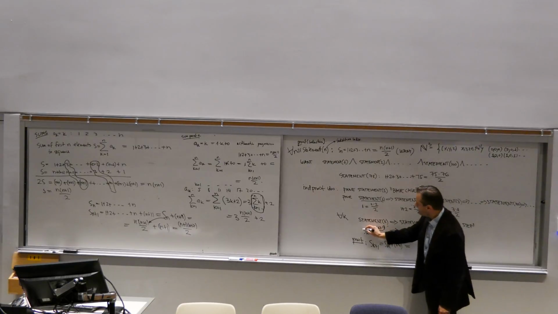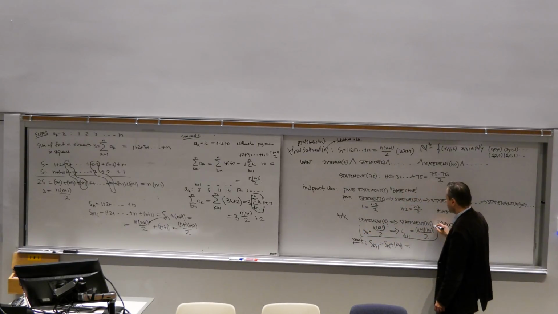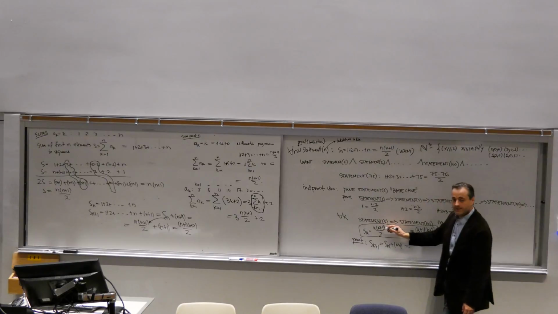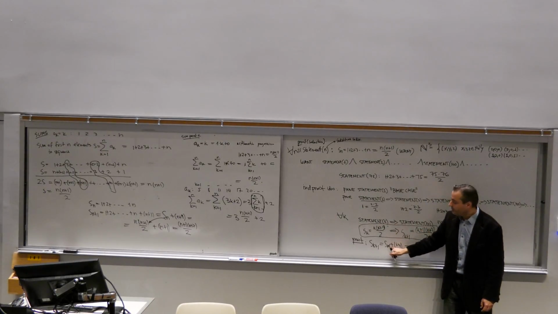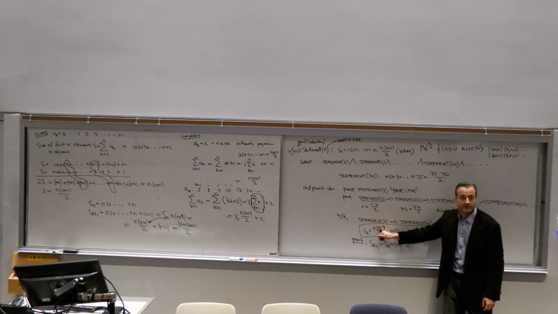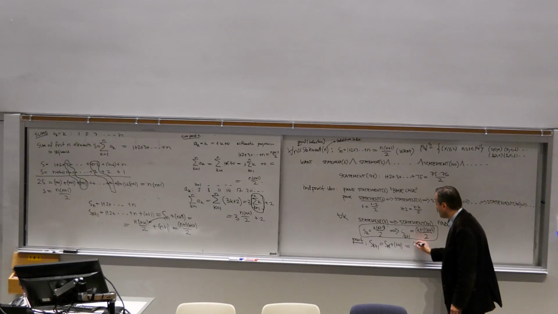In this implication here, like in every implication, we have a premise and a conclusion. I know S_k because it's part of the premise. It's given to me in the induction step.